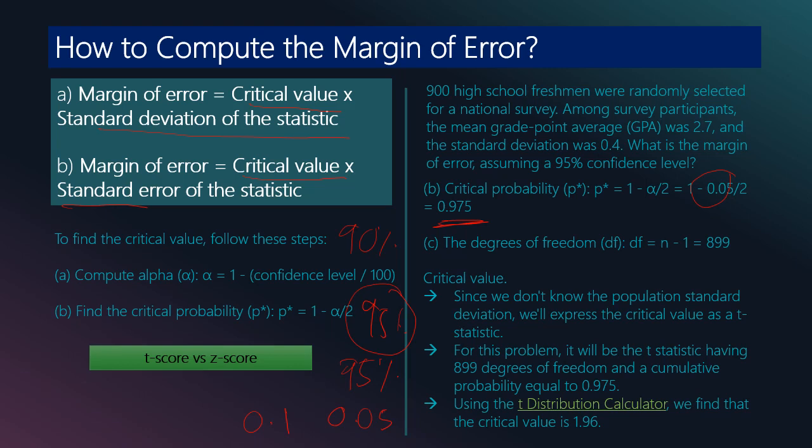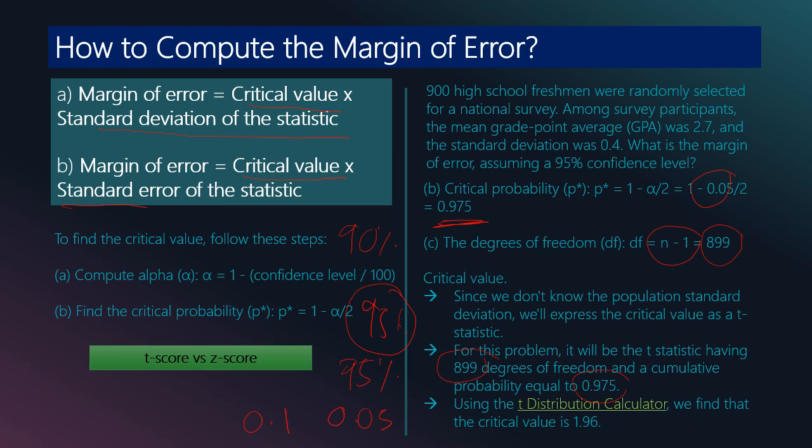And degrees of freedom, ini ingat yang awal-awal itu, n minus 1. So 900 students, so degrees of freedom 899. The critical value, we don't know the population standard deviation, we express the critical value as a t statistic. So untuk persoalan ni, it will be a t statistic having 899 degrees of freedom and a cumulative probability equal to 0.975.